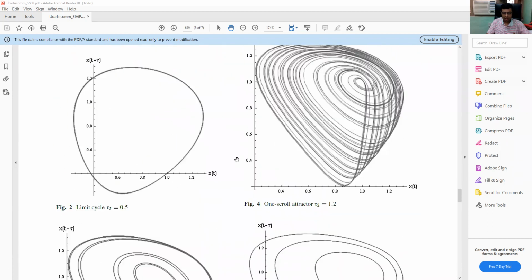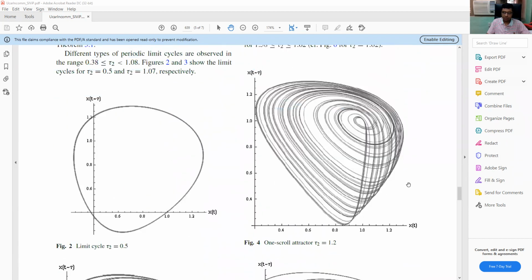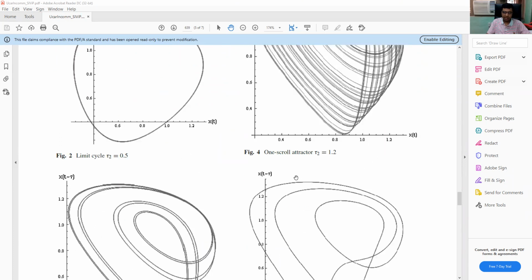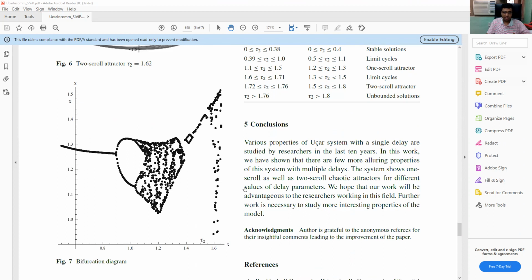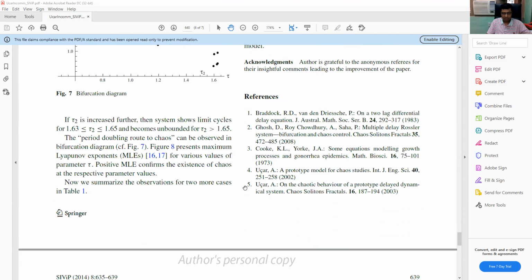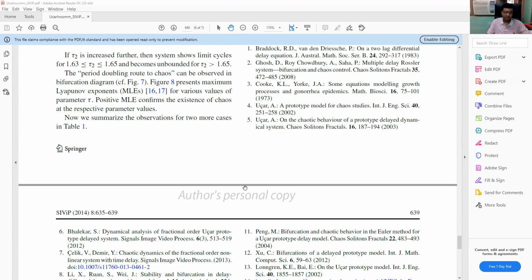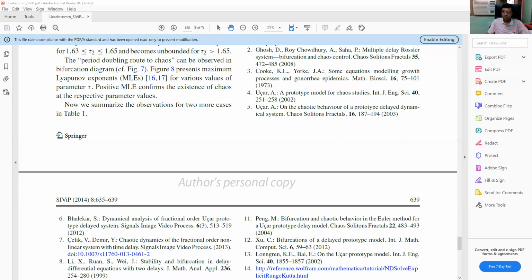Here it is observed that for some values of delay, this model shows a one scroll attractor, and for other values it shows a two scroll attractor. So such systems can have interesting features. Let us discuss some other models.